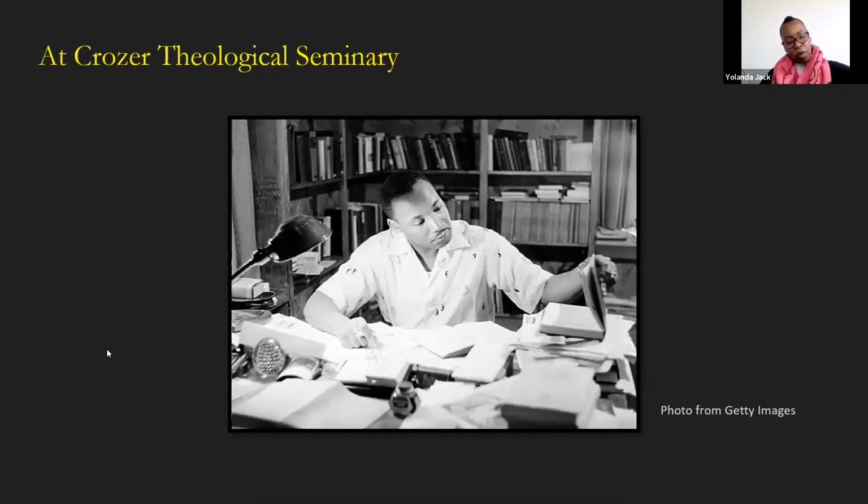After he left Morehouse, Dr. King attended Crozer Theological Seminary, and he says that this is where his scholastic achievement exploded. He read everything and everybody in terms of philosophers and social theorists and religious writers of that time and of the previous ancient as well as modern era.